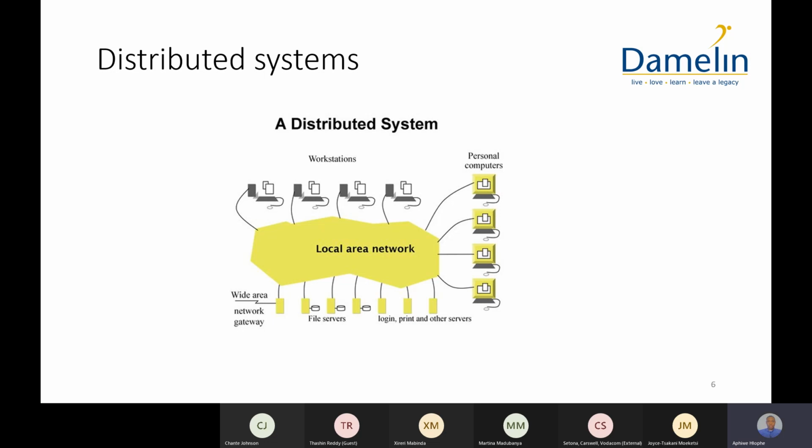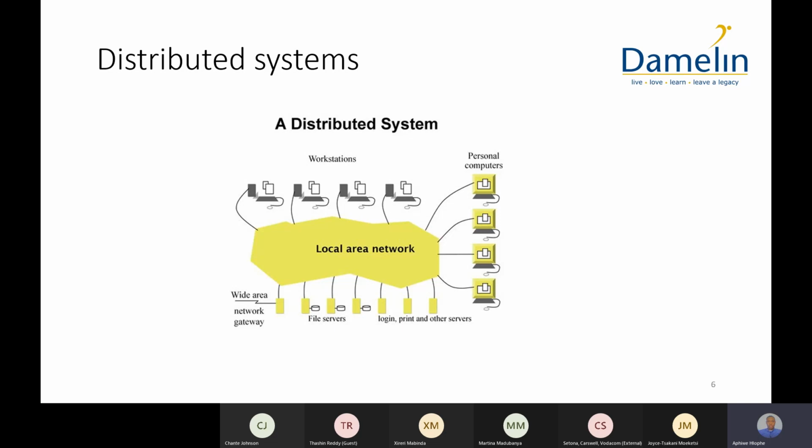And as you can see, and this is just a drawing of how this kind of setup will work, the network is very instrumental in the distributed network because it connects all of these different processors together, okay? As much as we still have what we can call workstations and personal computers, we can call them clients. And then we have these file servers, login servers, print servers that manage the resources.